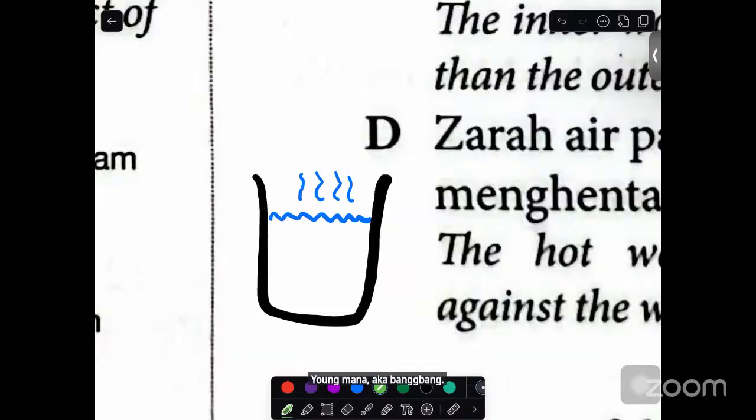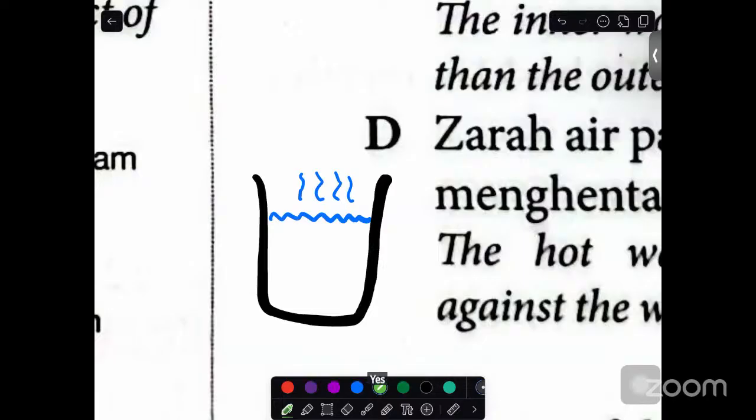Kenapa dia mengembang dekat dalam? Why inside of the glass expands first? Sebab air kat dalam. Sebab api kena kat bawah. Nothing to do with api, my dear. Air panas. Gelas. Teacher cannot put api.